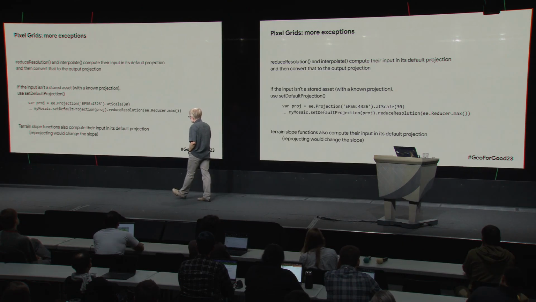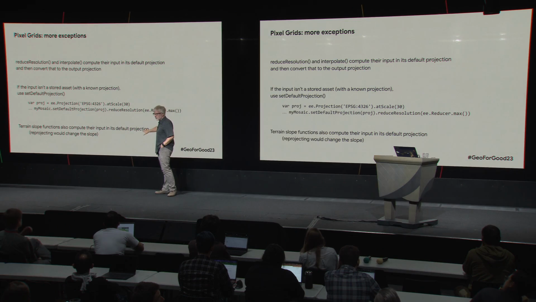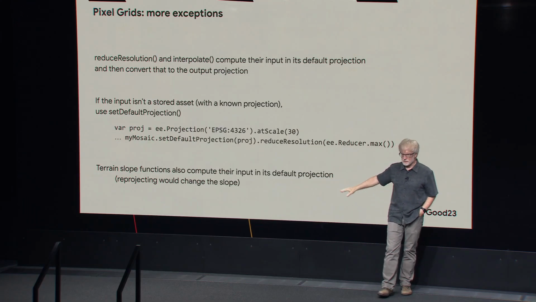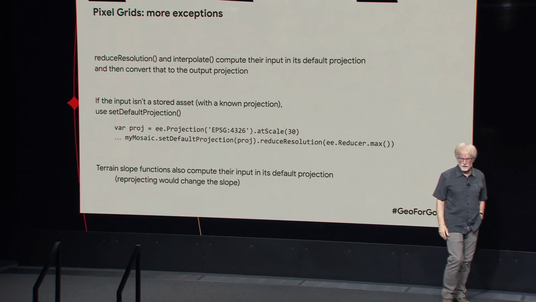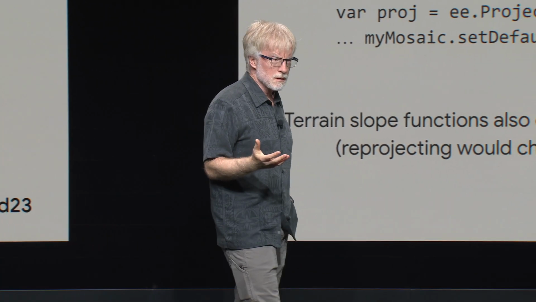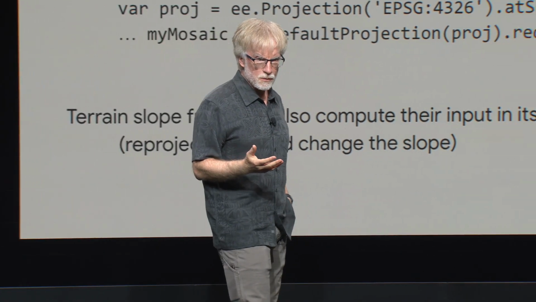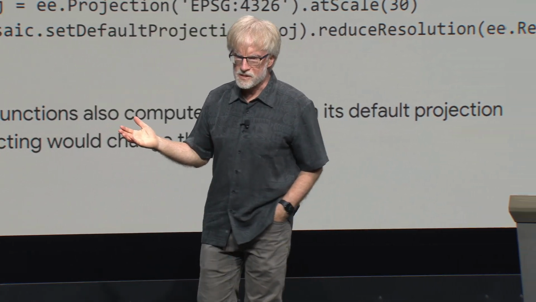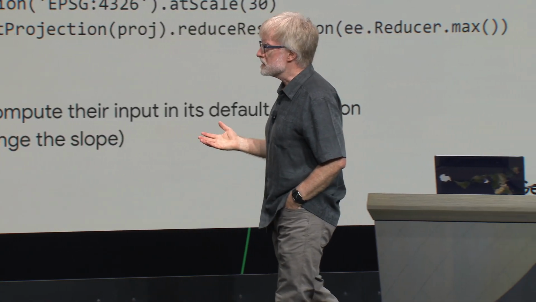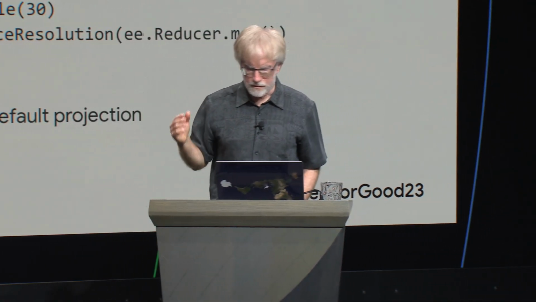And you're less likely to have a problem there because usually those are called just on the stored elevation model assets directly. But if for some reason you're computing the elevation that you want to feed into those, like you're mosaicing a bunch of DEMs together or something like that, that's the right time to use set default projection.